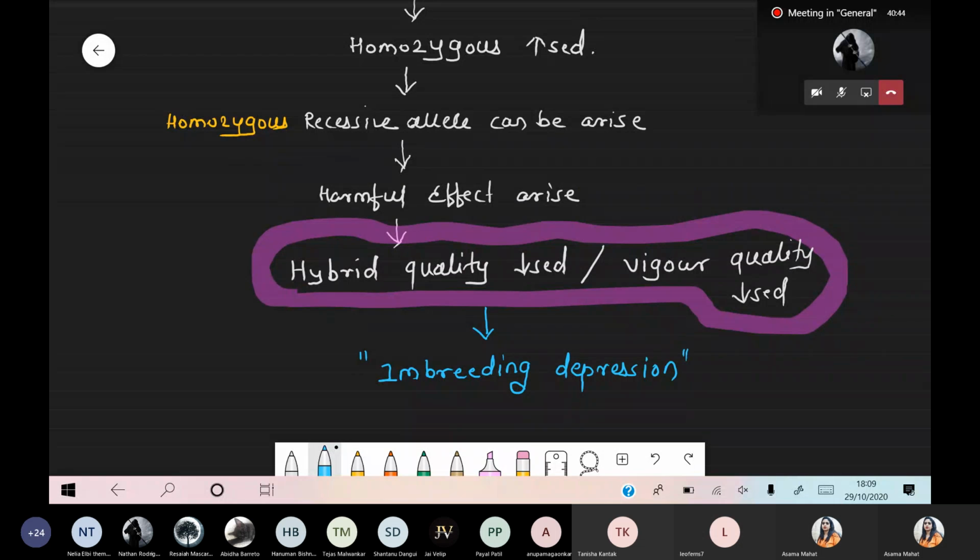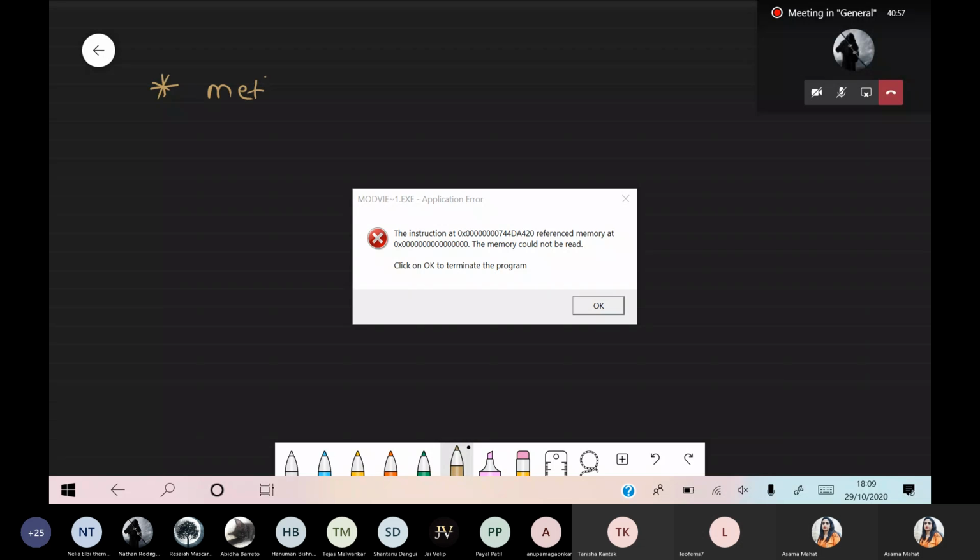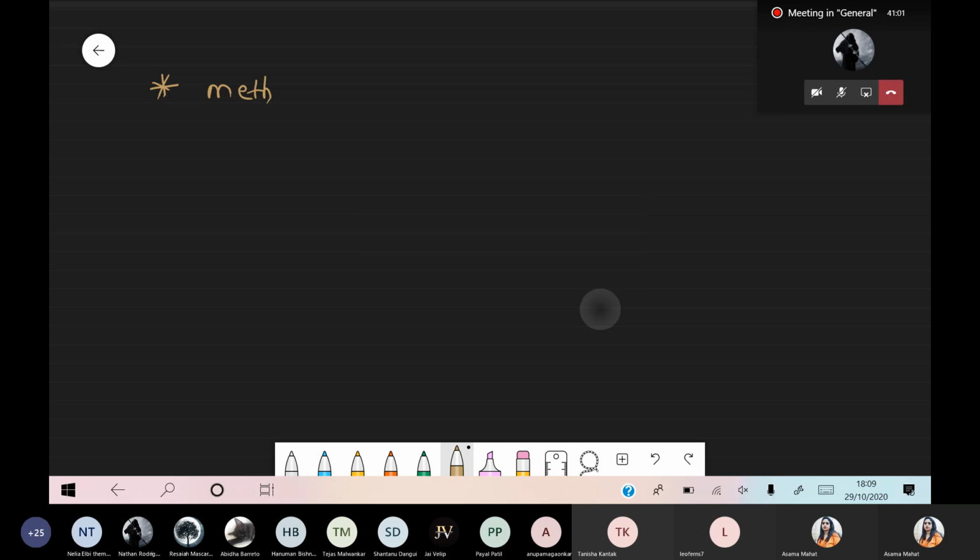Now, the next point is a little larger: methods of crop improvement. Write down the title. We'll discuss different methods of crop improvement.